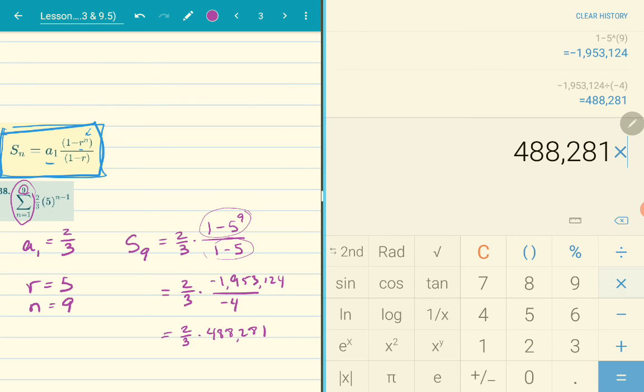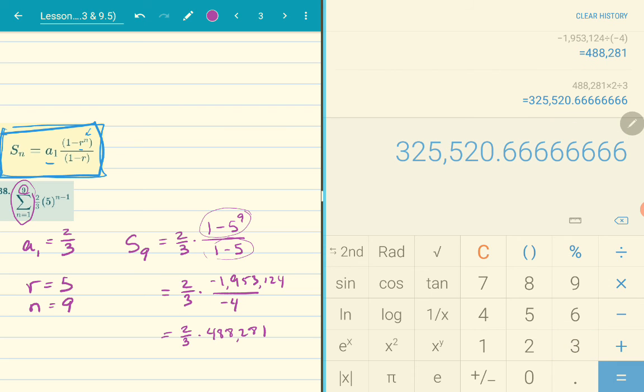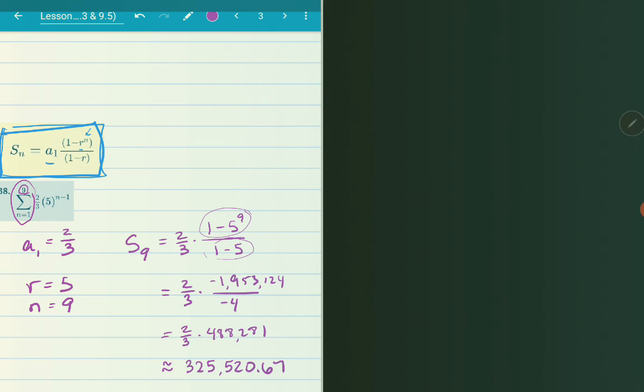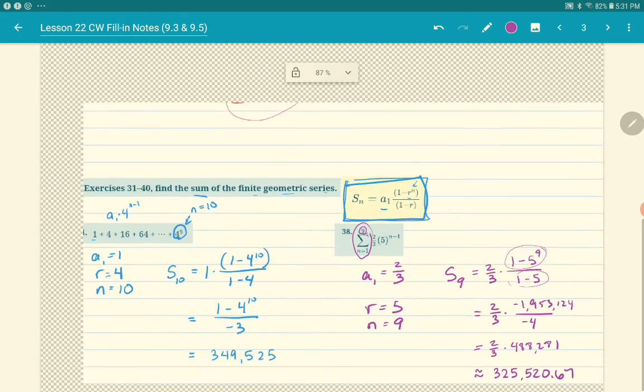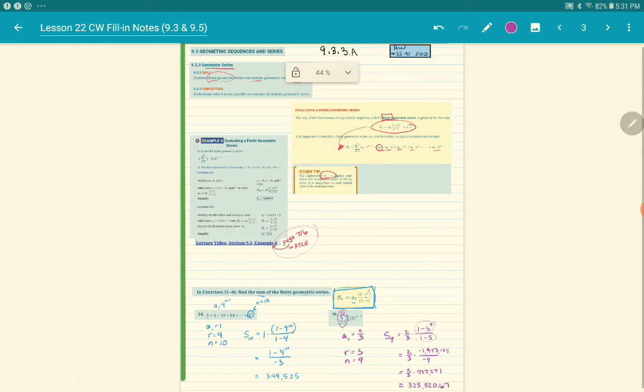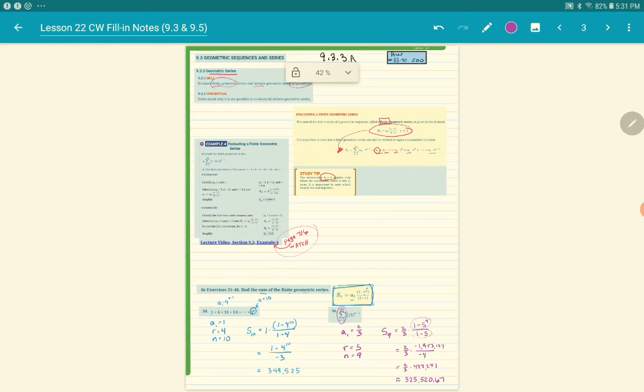And that I multiply by 2 divided by 3, and I get approximately 325,520.67. And that ends the 9.3.3 geometric series.